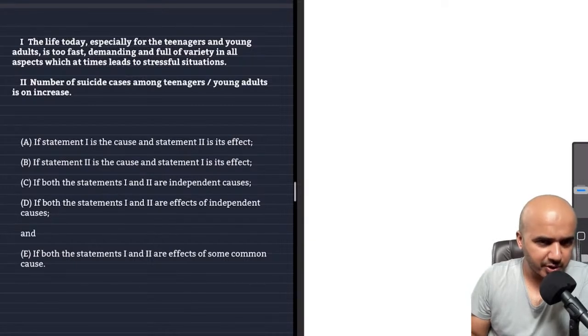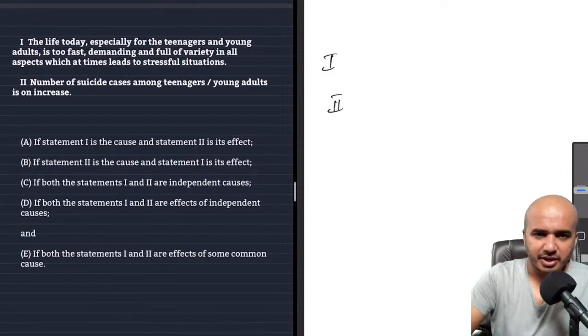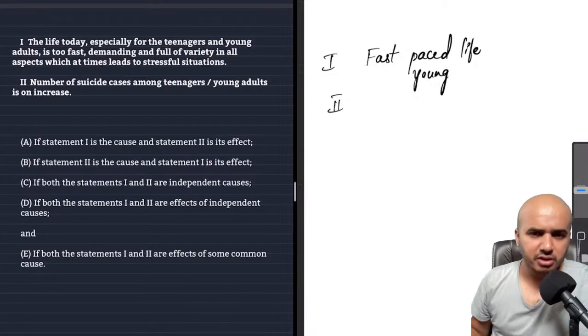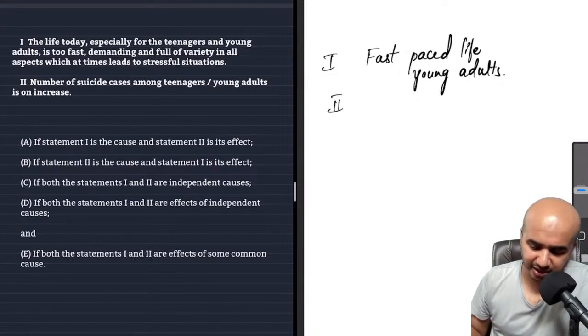Statement 2 being, the number of suicide cases among teenagers and young adults is on the increase. Obviously there is some connection. Because of the fast-paced life of young adults and teenagers, it's very demanding, too fast, full of variety, and that leads to stressful situations.